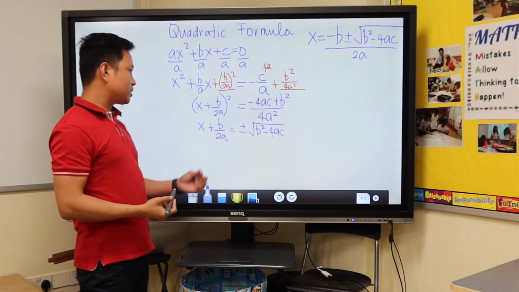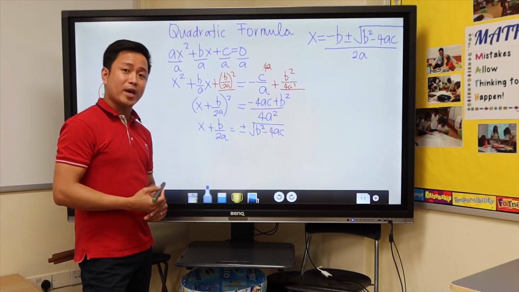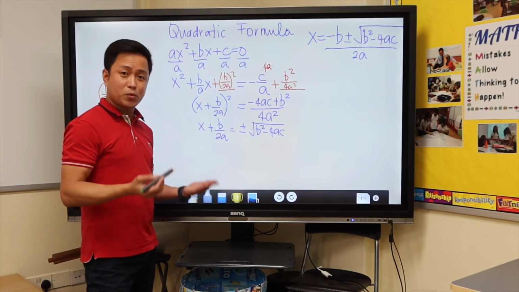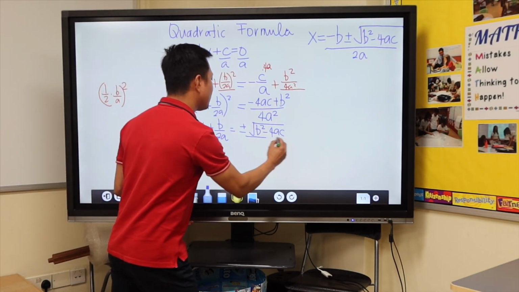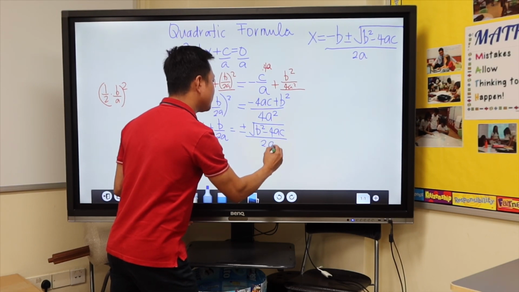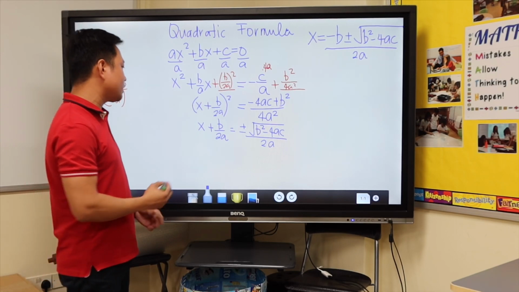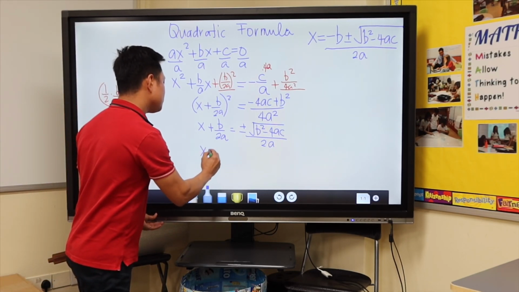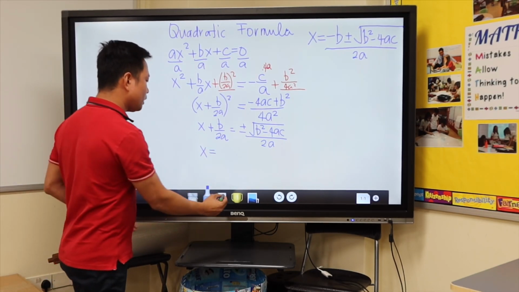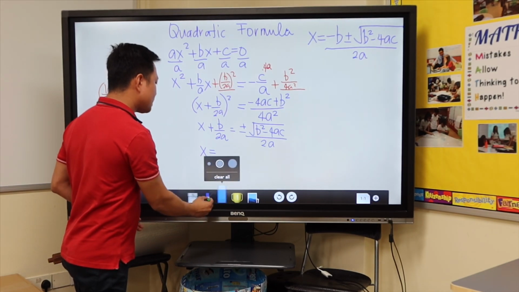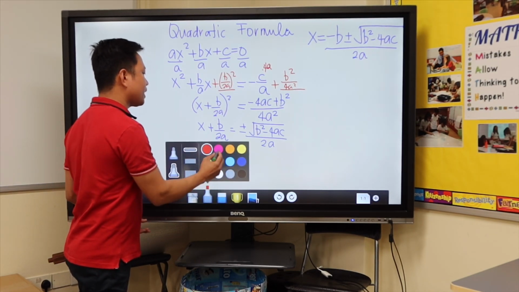Now, what is the square root of your denominator, 4a squared? 2a, right? So we need to put here 2a as part of our denominator. And solving for x by itself, this means we need to subtract negative b over 2a from both sides.